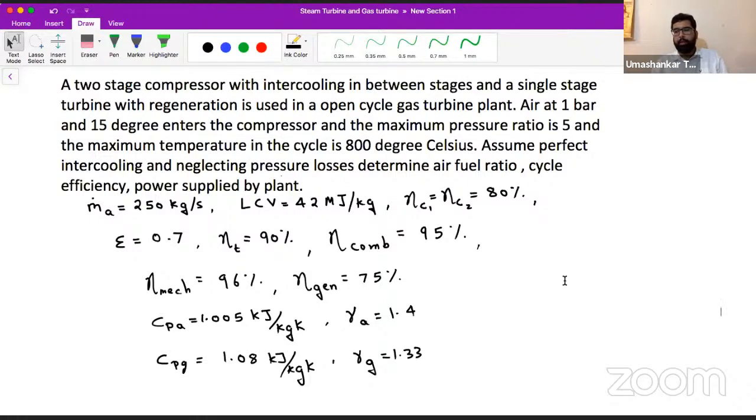Since Sir has written a whole book only on gas turbines, we cannot cover each and everything. So from the GATE point of view, whatever was necessary, we tried to cover.